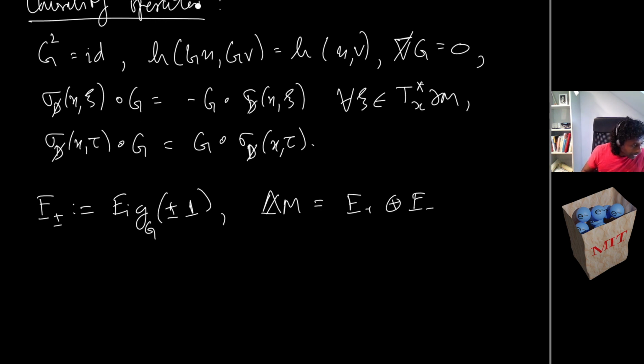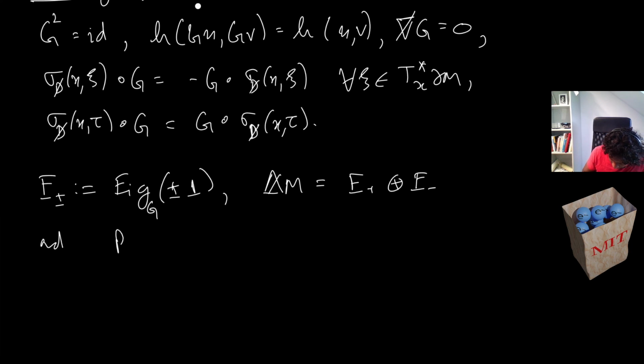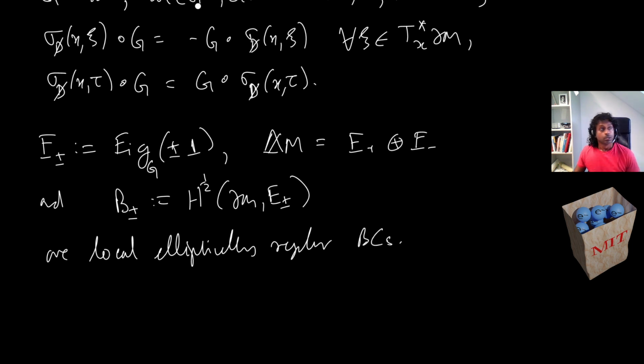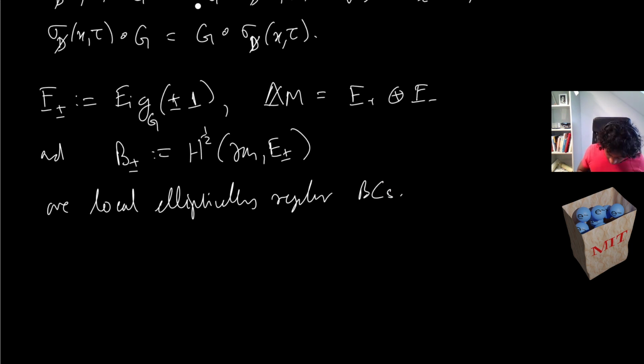And the B plus minus, say H half of ∂M, E plus minus, are local elliptically regular boundary conditions.